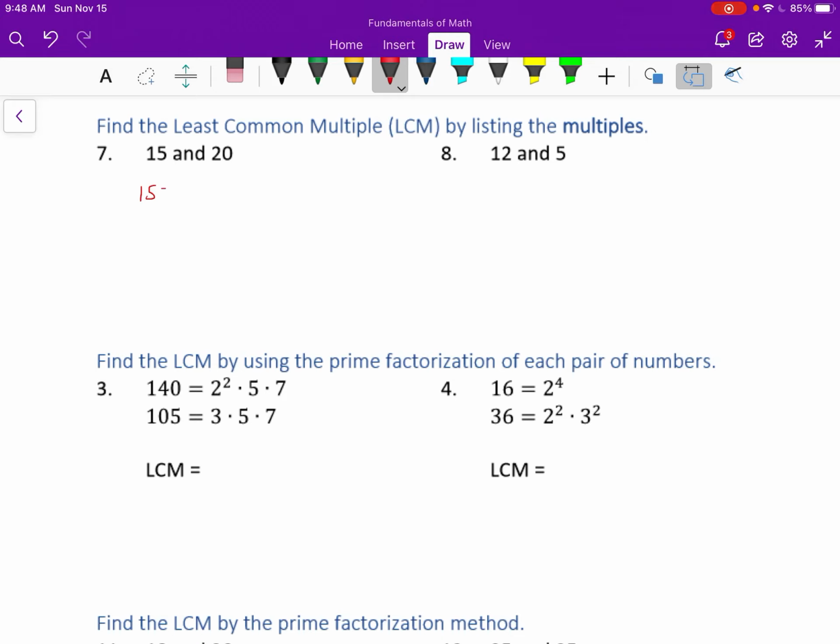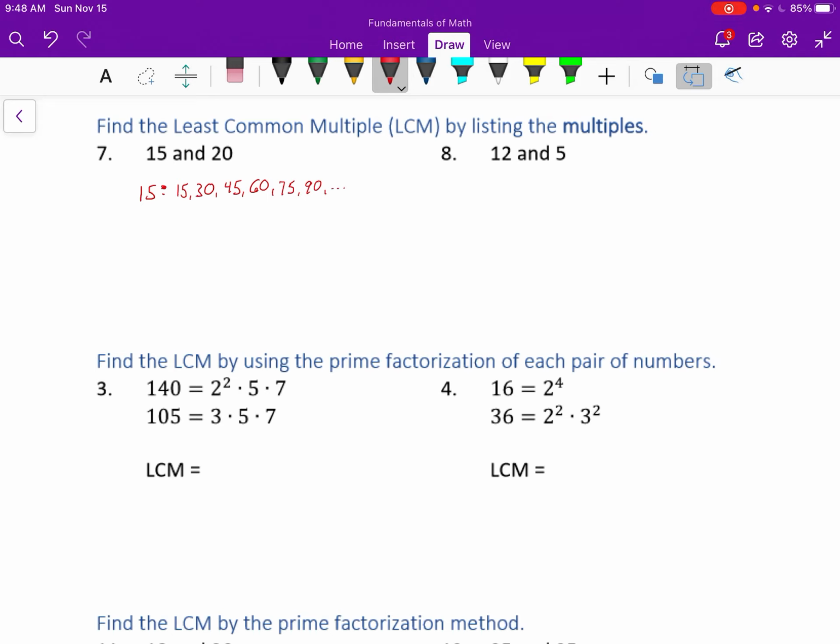So number 7, we have 15, and we are going to count by 15. So the multiples of 15 are 15, 30, add 15 to that, you get 45, 60, 75, 90, and we'll stop there for now.